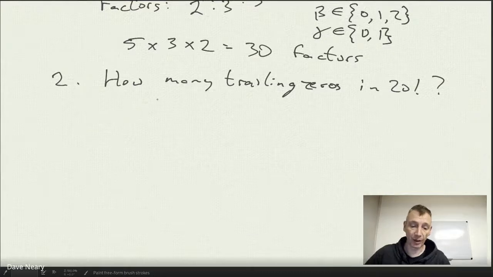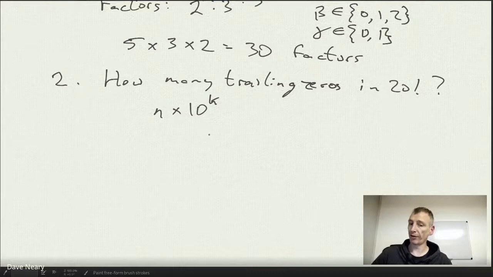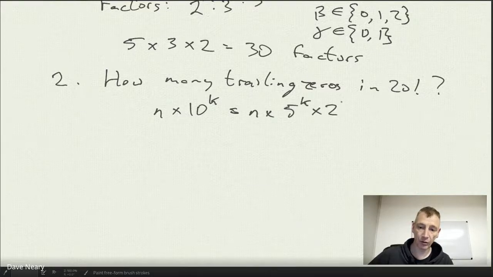It's going to be something times 10 to the k, and the number of tens is the number of trailing zeros when we get to something where n is not divisible by 10. Well, what do we need to get a 10? That's going to be equal to n times 5 to the k times 2 to the k. So let's see if we can find out how many 5s are in 20 factorial and how many 2s.